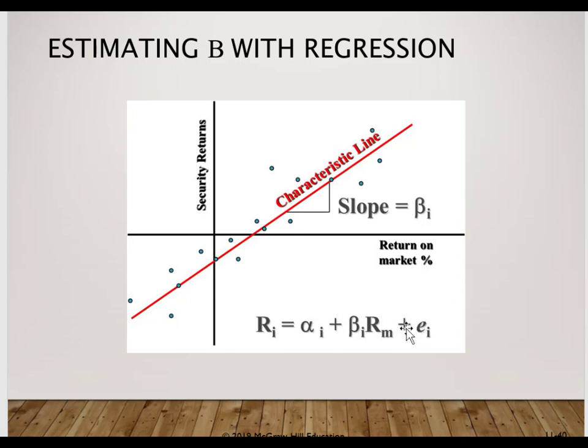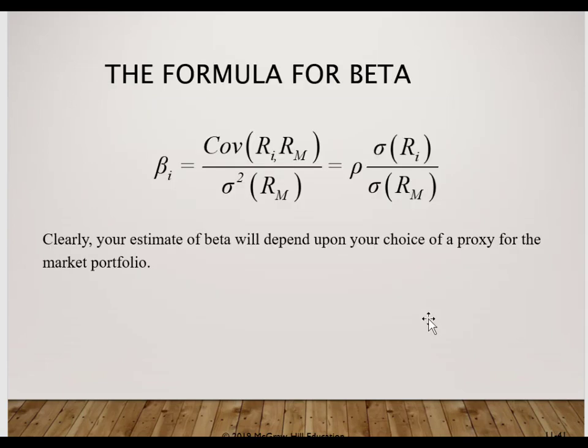So again, if you get rid of this plus E here, we have the same thing we had before. The return on an asset is the expected return of the asset, alpha plus beta times the return on the market, plus this surprise. Again, we can use a formula for beta.